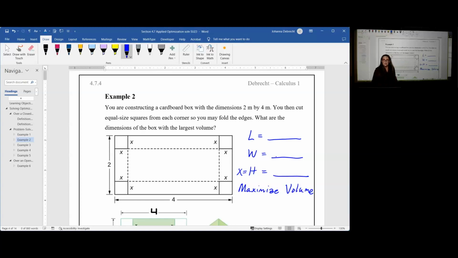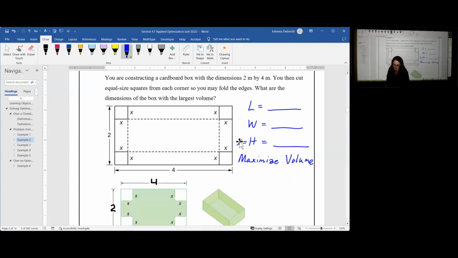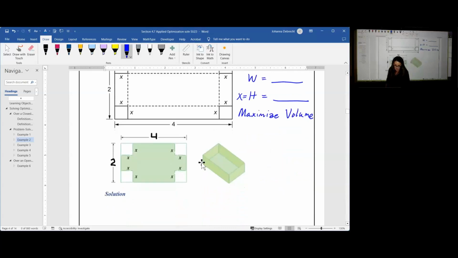I've read through the words several times, and I think I have everything written down. I've labeled my picture, but I don't have any constraints, and I haven't written the objective function yet. What would the objective function for this be?